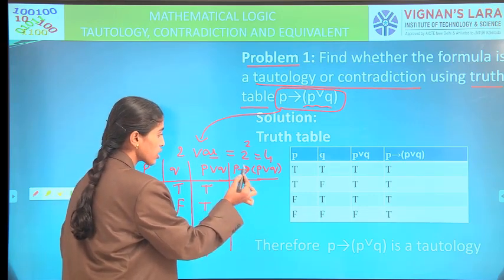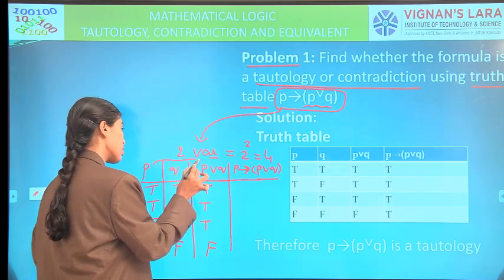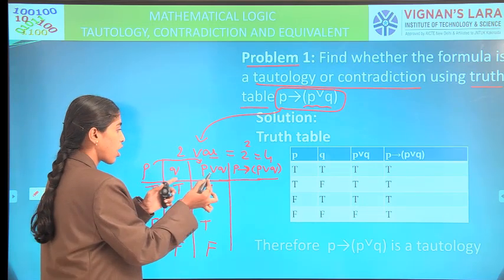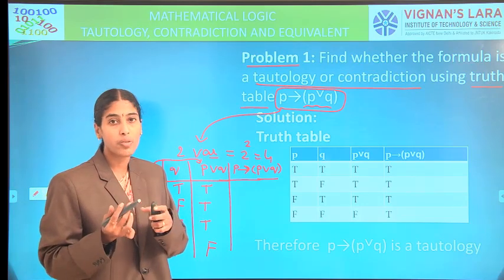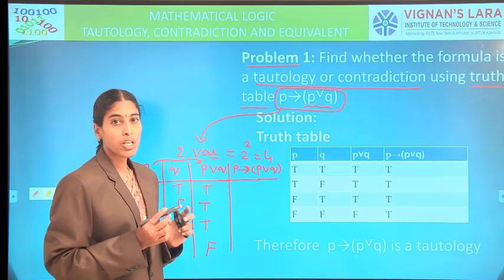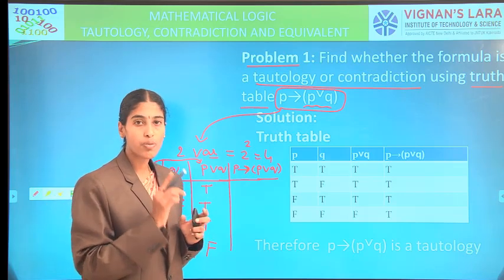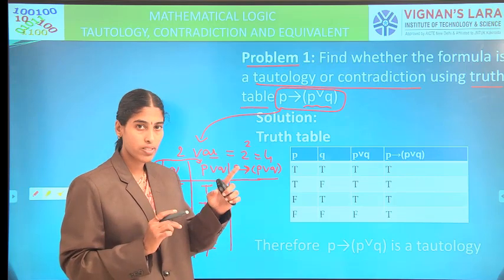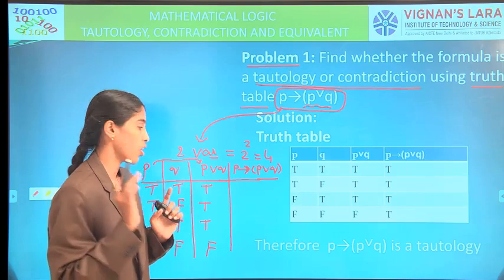So what is the next one? P conditional P or Q. We need to apply the conditional from the first column to the third column. Direction is very important. If you change the direction, you will get a different answer. In the conditional table, it is false only in one case: if the first one is true and the second one is false, T to F, it is false.